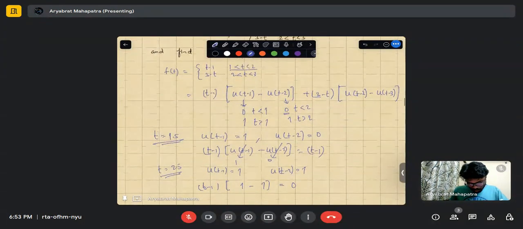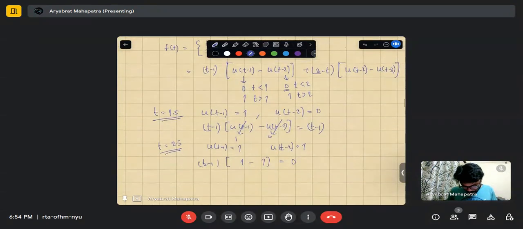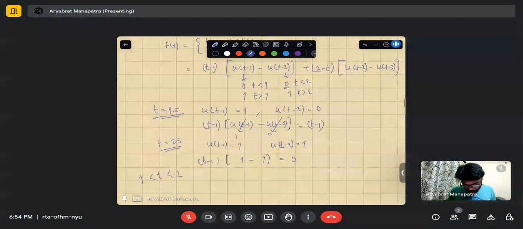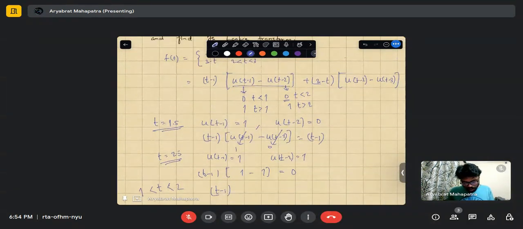So when I have t between 1 and 2, I will always get this t minus 1, because I'm using this unit step function in this way. If it is less than 1, this will go to 0. If it is greater than 2, it will also go to 0. For one case I have shown t equal to 2.5, I have taken t equal to 1.5.